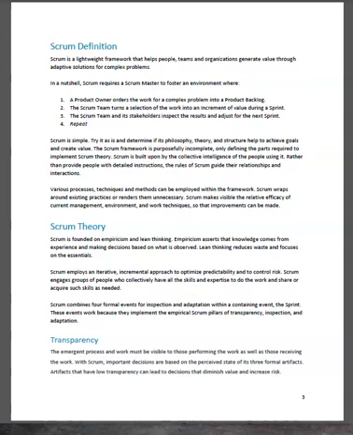A product owner orders the work for a complex problem into a product backlog. 2. The Scrum team turns a selection of the work into an increment of value during a sprint. 3. The Scrum team and its stakeholders inspect the results and adjust for the next sprint. 4. Repeat.